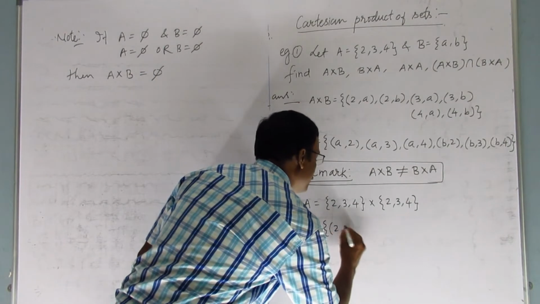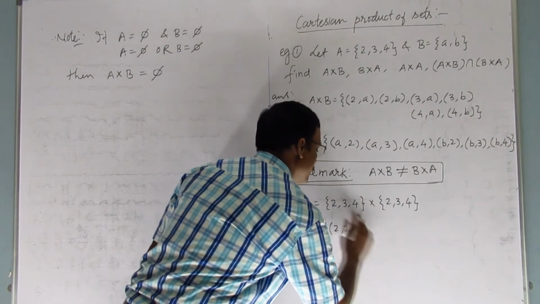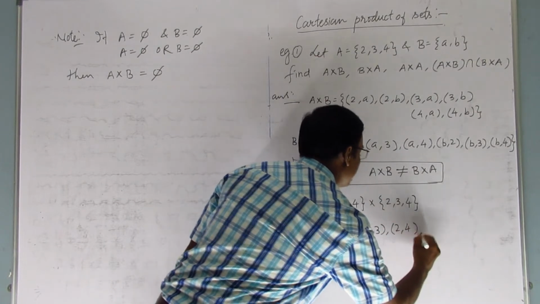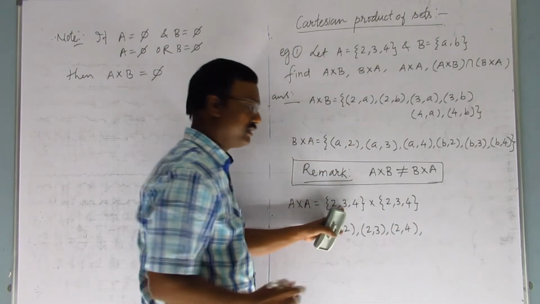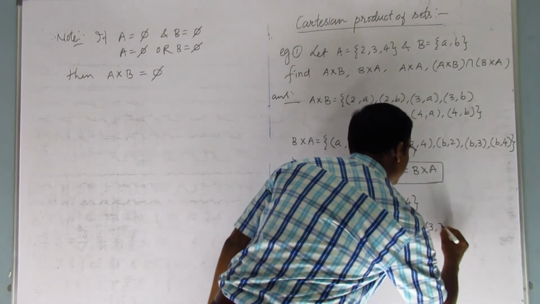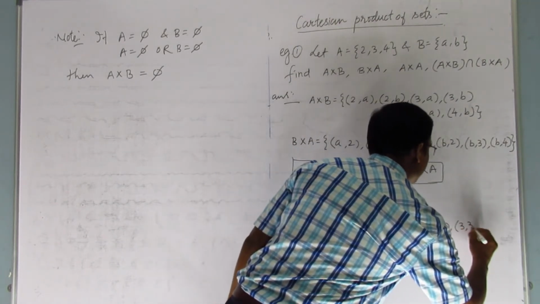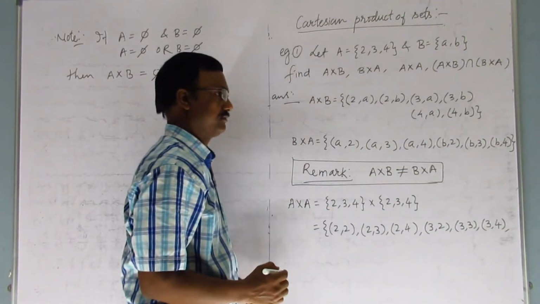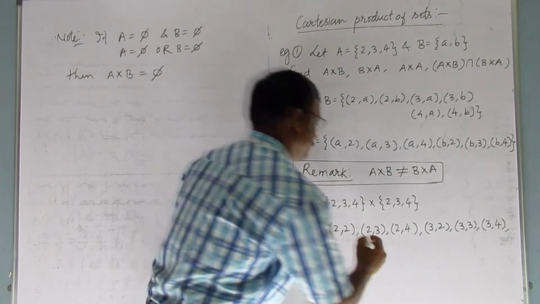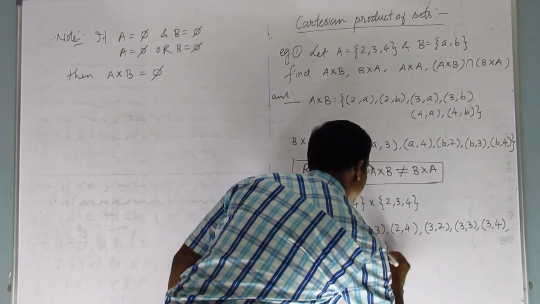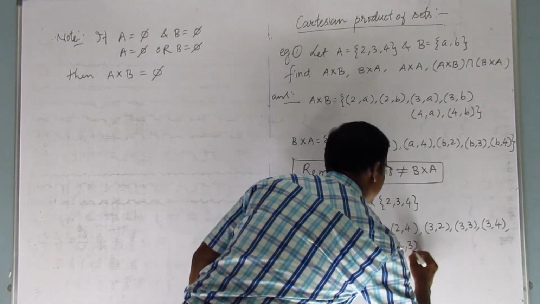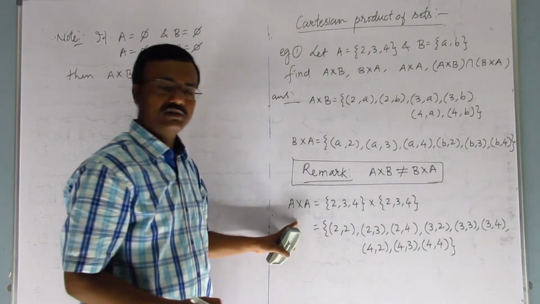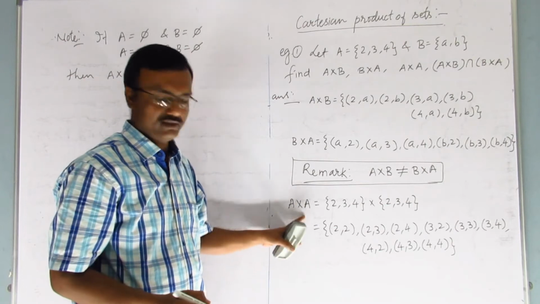So I will write (2, 2), (2, 3), (2, 4), then beginning with 3, (3, 2), (3, 3), (3, 4), then beginning with 4, (4, 2), (4, 3) and (4, 4). So this is the Cartesian product of A with A, A cross A.